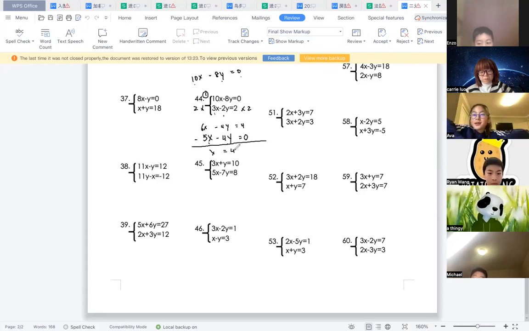Wait, how do we know it's times 2? Because we need to get rid of y, Ava. Yeah, because y is easier. If you want to get rid of x, you need to times this one by 5 and this one by 3, right?